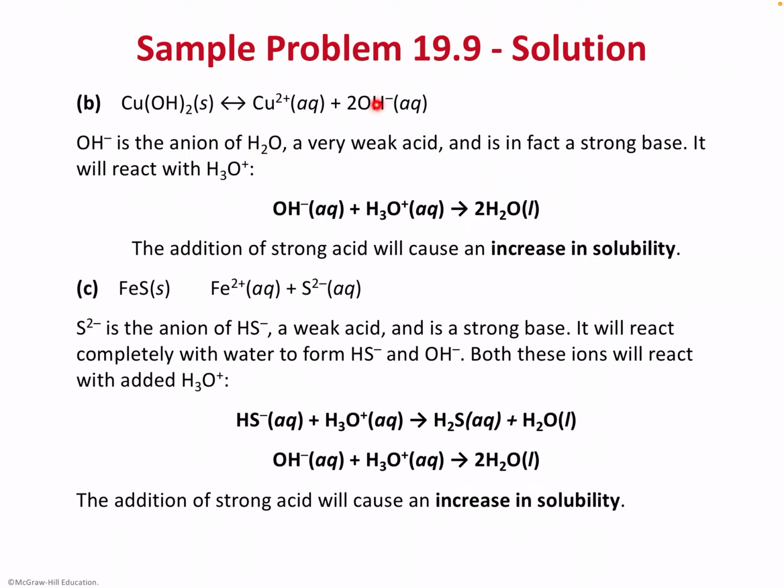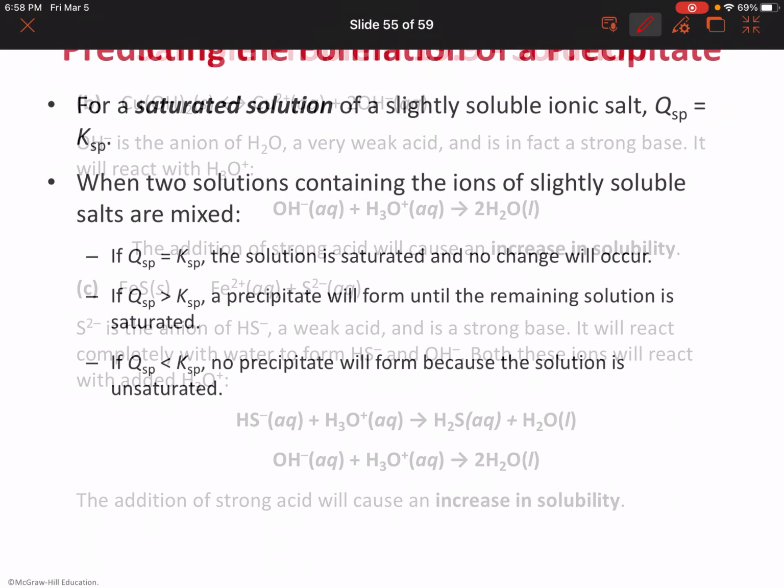Hydroxide is a strong base, but it is the anion of a weak acid, water. So this hydroxide is going to react with hydronium ion, giving water. So if hydroxide reacts with added hydronium ion, what's going to happen to the solubility of copper hydroxide? It increases. And then iron II sulfide, Fe2 plus and S2 minus is what it's going to form.